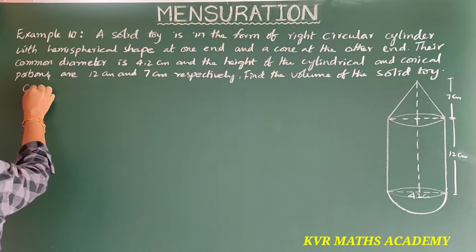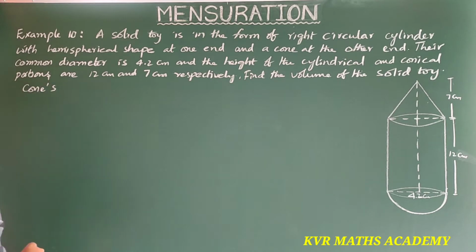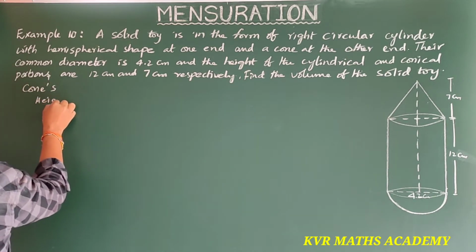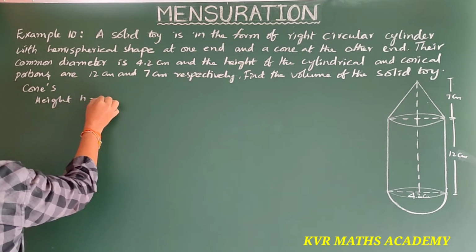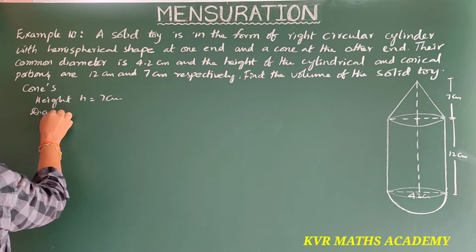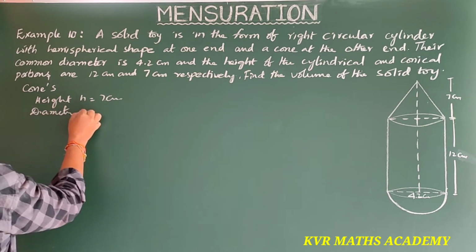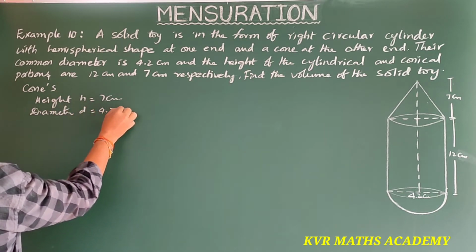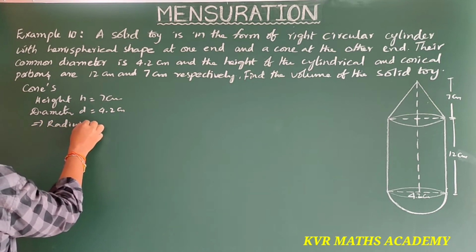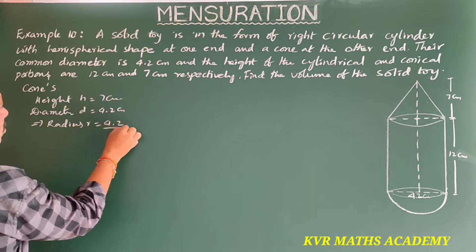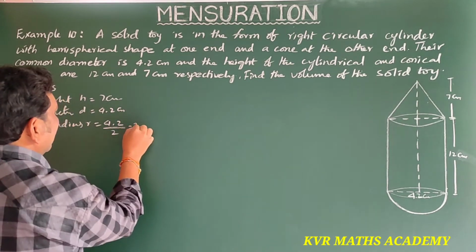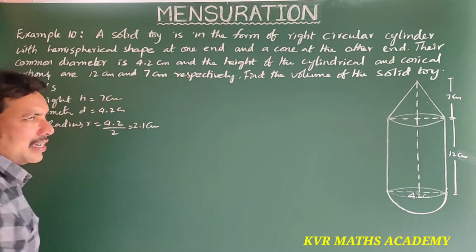First, the cone. The cone's height h is 7 centimeters. Next, the diameter is also given, d is equal to 4.2 centimeters. That implies its radius r is equal to 4.2 by 2, half of the diameter, so that is 2.1 centimeters.